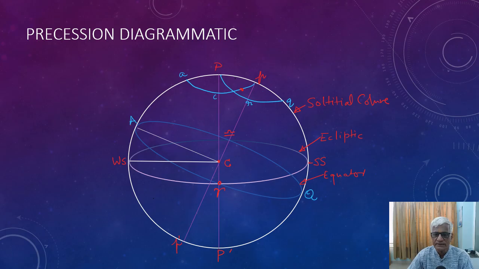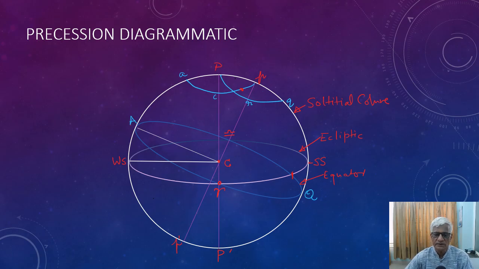And if you draw a new great circle passing through the new position of P and the new position of P dash, it will cut the ecliptic at a different position than before. That means the solstitial colure has moved in the ecliptical plane by a certain distance.